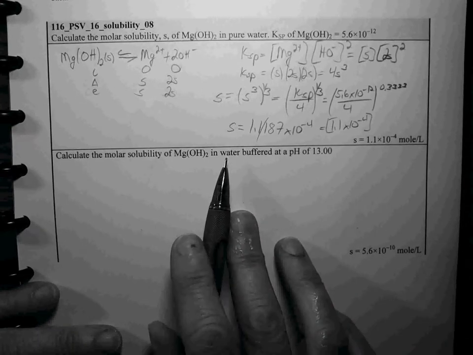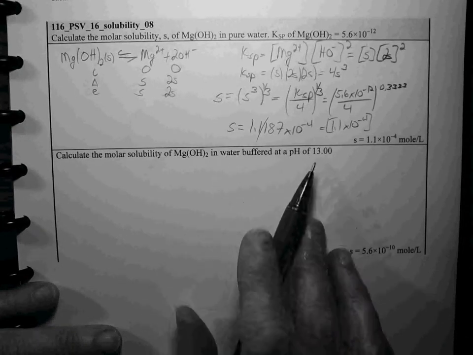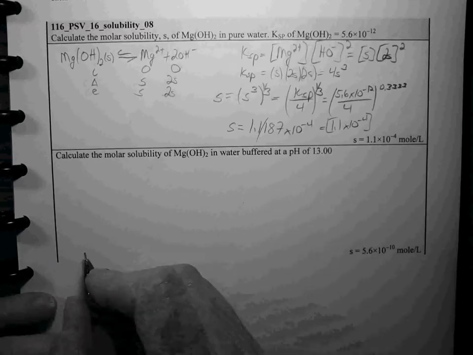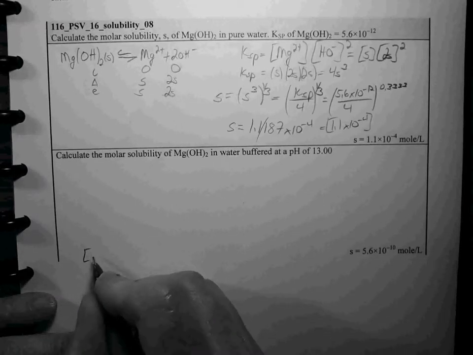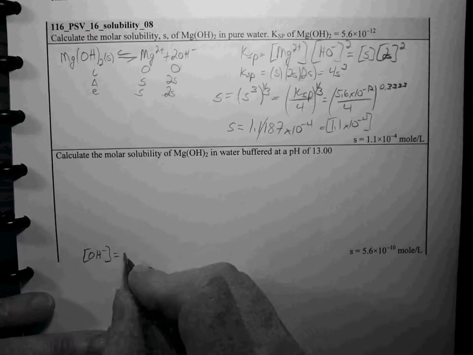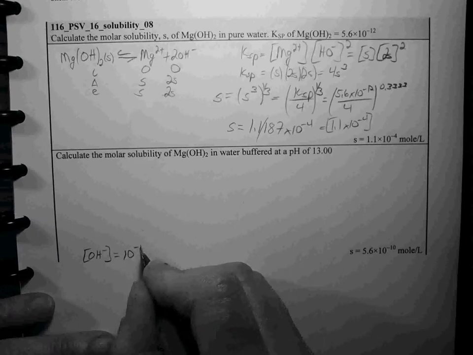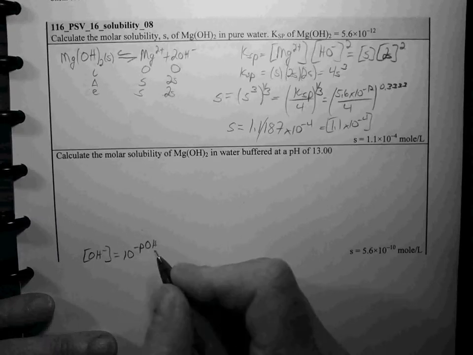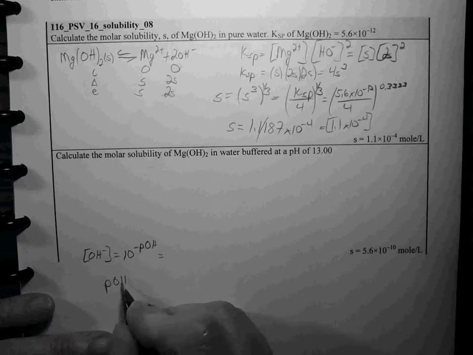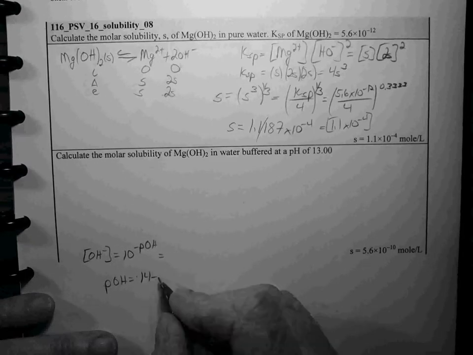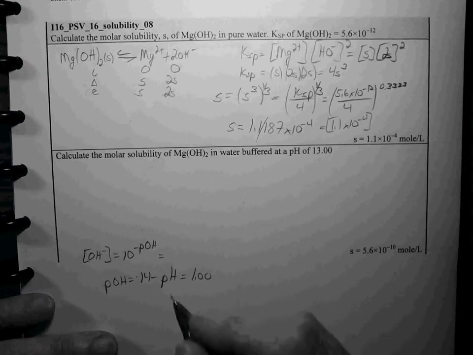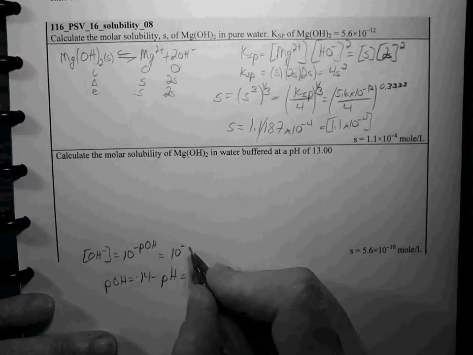Alright, here we have a common ion, because we have a concentration initially of hydroxide. We can find that concentration by raising 10 to the minus POH. Since POH is 14 minus pH, which in this case is 1.00, it's 10 to the minus 1.